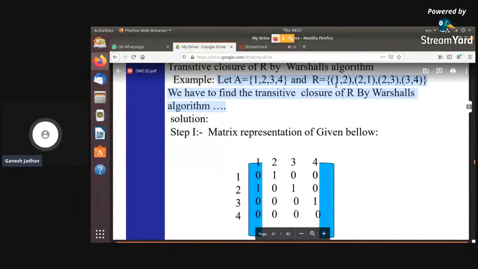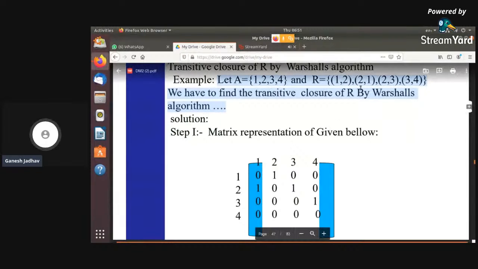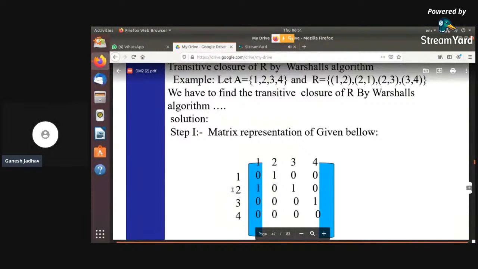Whatever the relation, take (1,2): go to your first row and second column and write 1 here. Then go to your second row and first column and write 1. Then (2,3): your second row, third column, write 1. Then (3,4): go to your third row and fourth column.